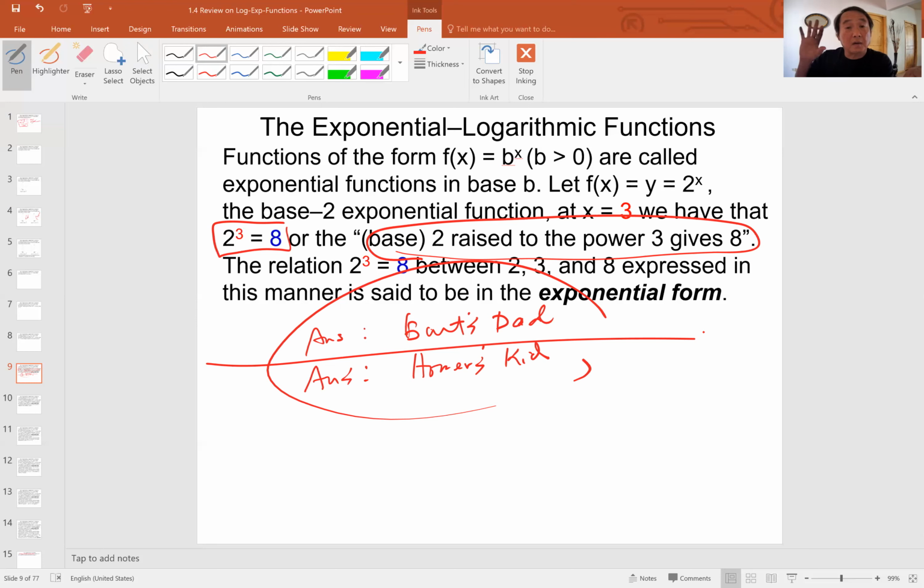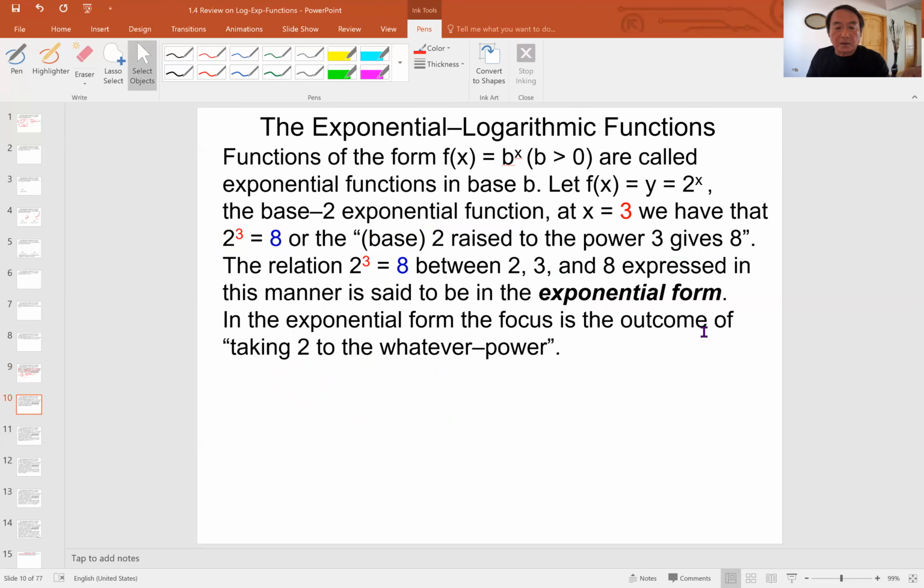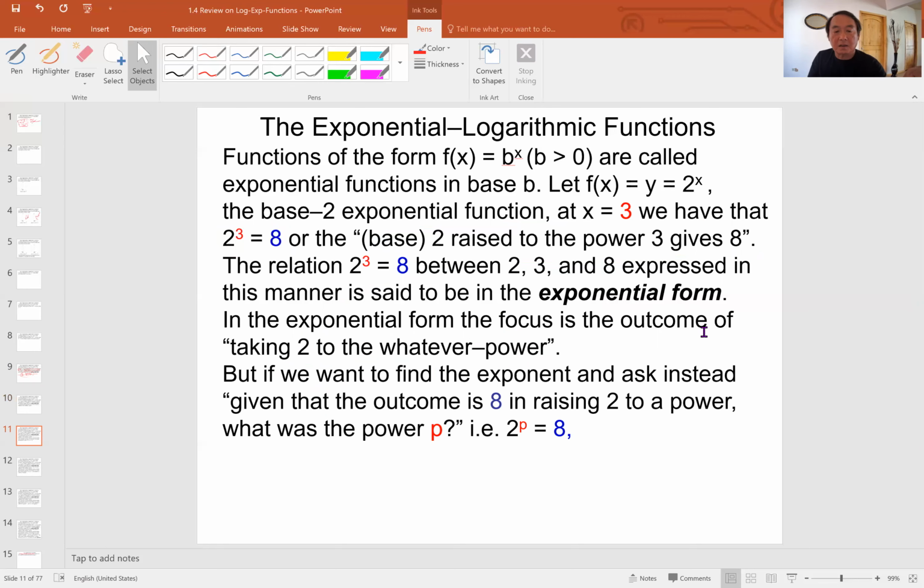The first question focuses on Homer, and the second one focuses on Bart, so it's slightly different, but they have the same relationship. We have the same type of situation here: we can restate things slightly differently.